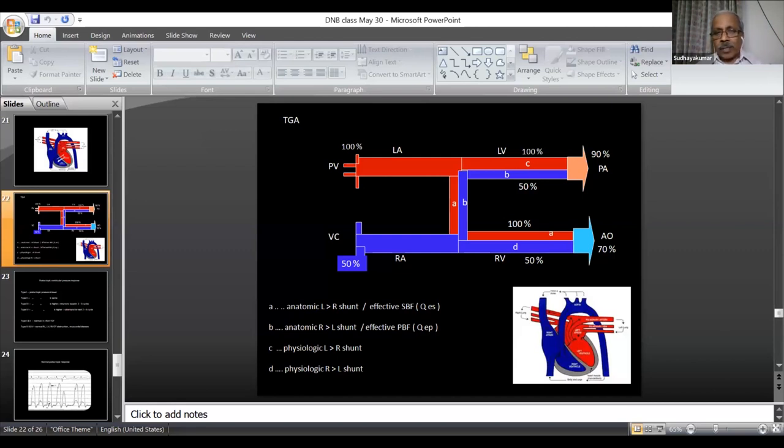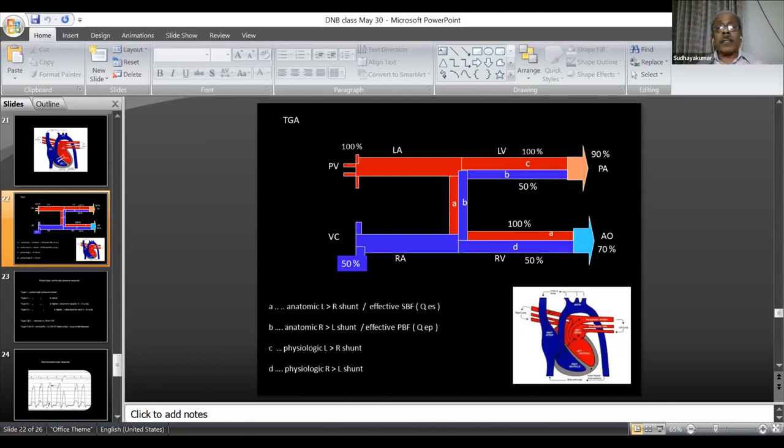Then, what is happening is the oxygenated blood on the left side crosses to the right side. So that is the anatomical left-right shunt. But that is oxygenated blood going to the aorta. There is the effective systemic blood flow, QES. Now, this remaining blood, which is going to the pulmonary circuit, is recirculating. That is, from the left heart it is going to the pulmonary artery, meaning physiological left-right shunt.